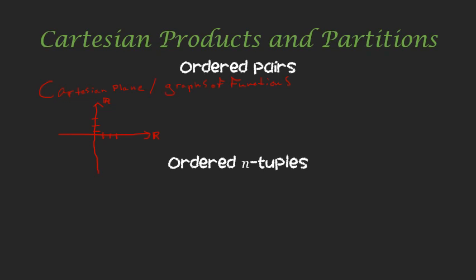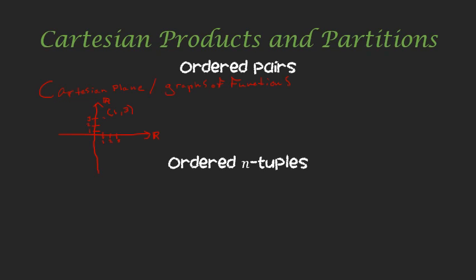So for example, if this is 1, 2, 3, and 1, 2, 3, the point (1, 3) is right here. That is an ordered pair of real numbers.